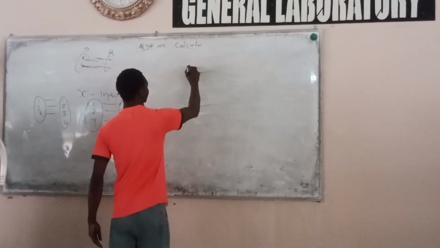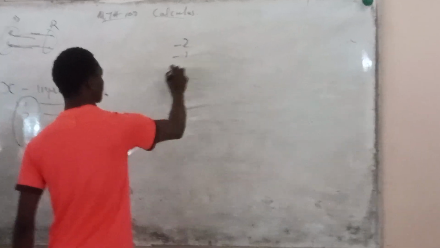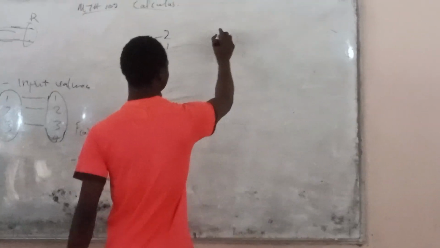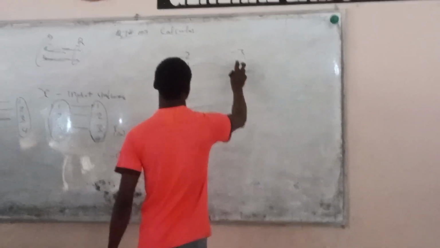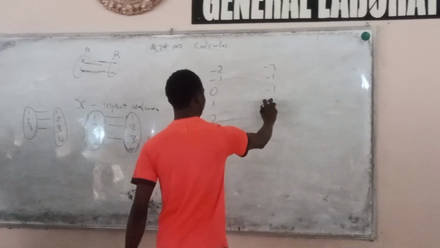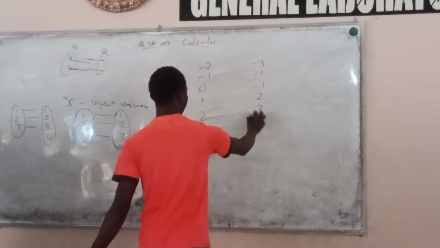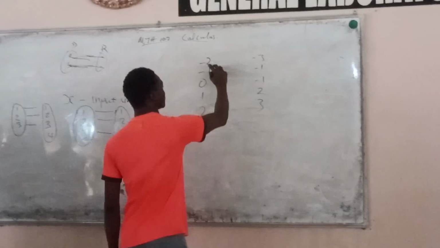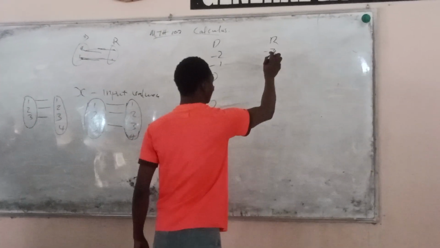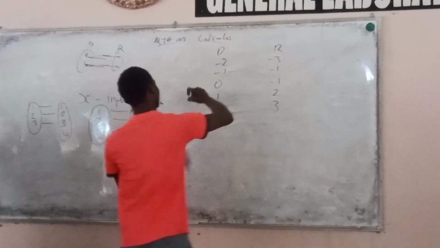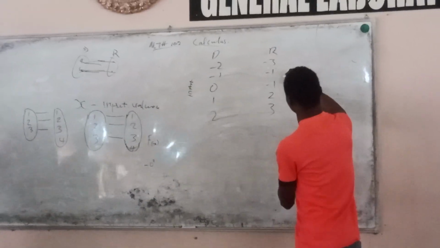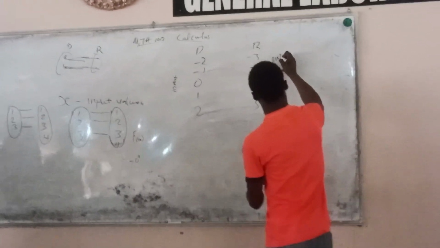For example, we have minus 2, minus 1, 0, 1, 2, and we have minus 3, minus 1, 1, etc. If this is the domain and this is the range, this side you can call the input and this side the output.